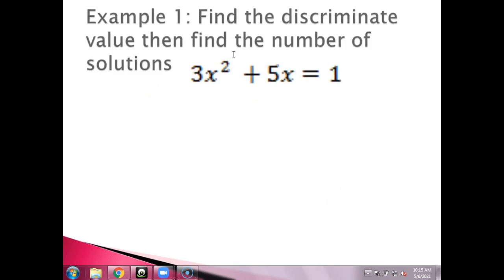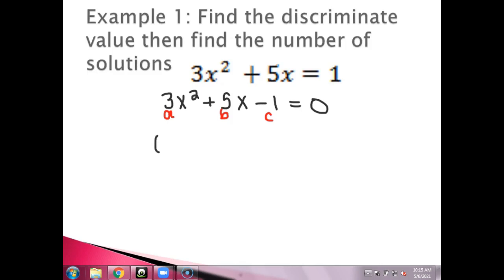In order to find the discriminant, once again, it must be in standard form. To be in standard form, it must be set equal to 0, not a number. So we have to first start by subtracting 1 from both sides, so that this is now set equal to 0. And then you're going to identify your a, b, and c, and plug those values into the discriminant.